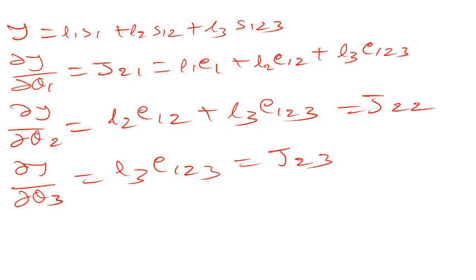Obviously, because there is no z, z equals 0, so J31 equals J32 equals J33 equals 0. So this is for the z.